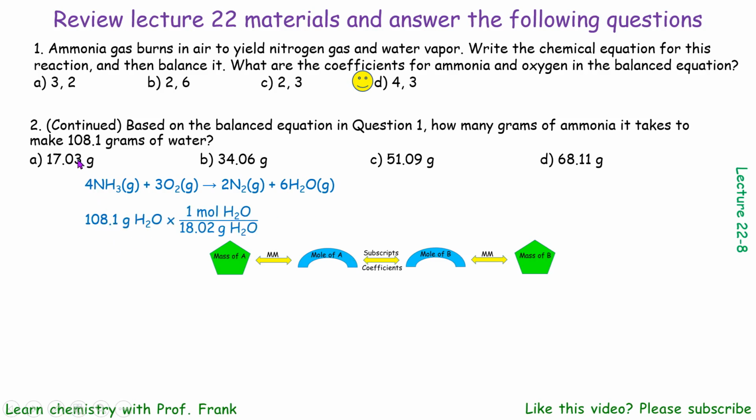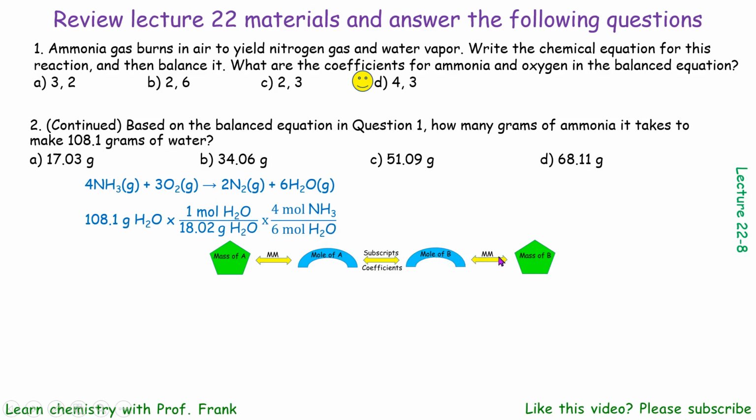And we will do exactly that. Start with what we know, 108.1 grams of water, converting from grams of water, they are cancelled, to moles of water. That's this step. Next step, converting from moles of water to moles of ammonia using the coefficients in the balance equation. Moles of water, they are cancelled. Now we just have moles of ammonia.